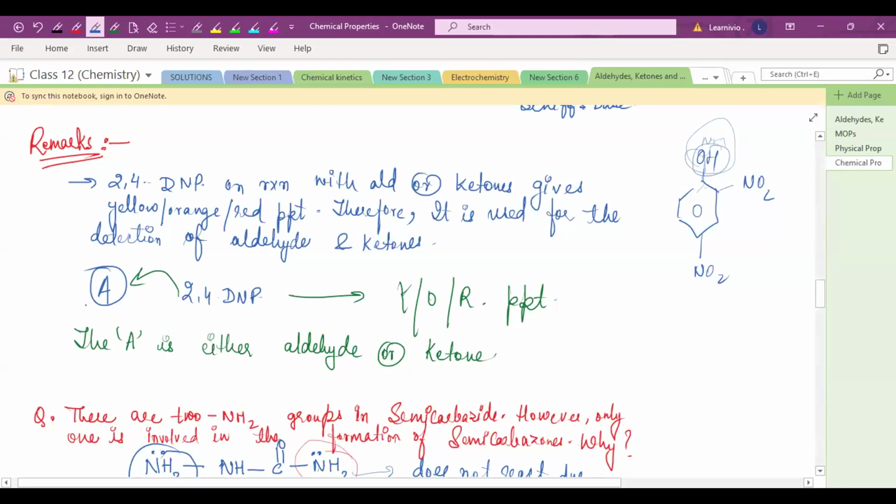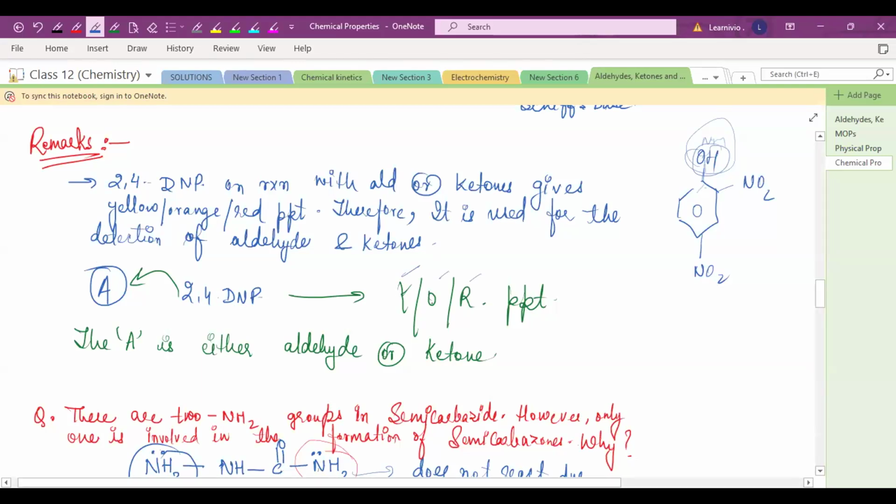Suppose we have an unknown sample, A, and we don't know whether it's an aldehyde or ketone. This test is basically to distinguish aldehydes and ketones from other groups like alcohol, ester, carboxylic acid, etc. When you add 2,4-dinitrophenol, it will give you a yellow, orange, or red colored precipitate; any of the colors you can get.